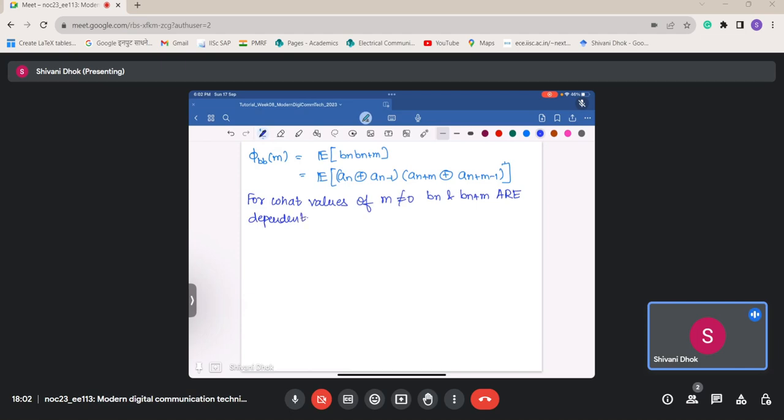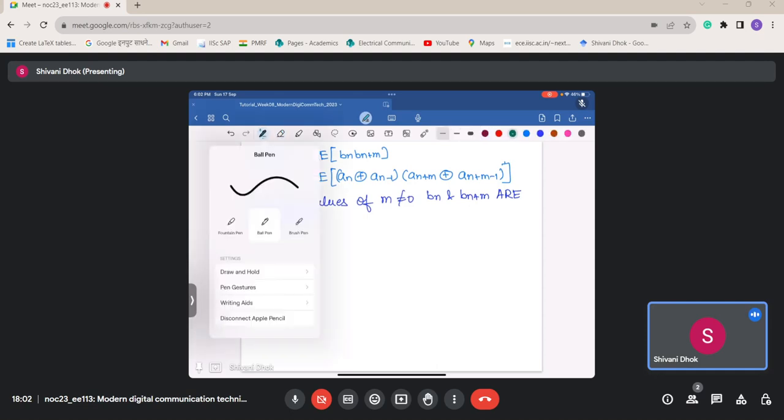So bn and bn plus m will be dependent if at least two values coincide. So how can we write it?